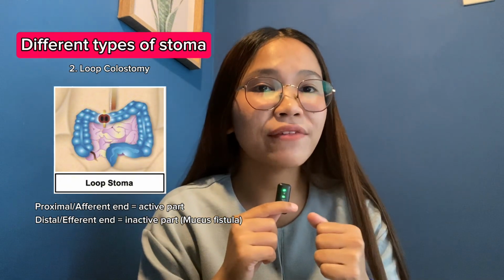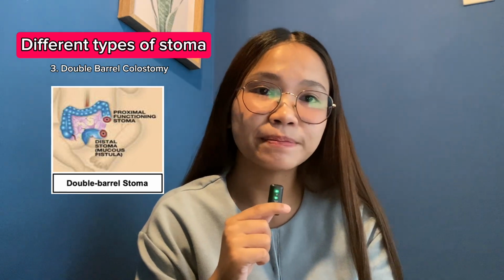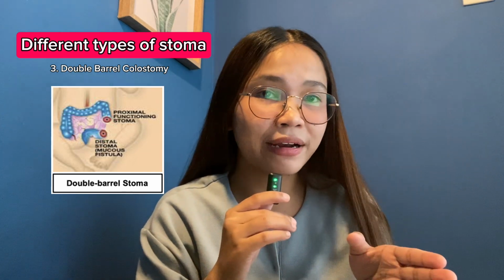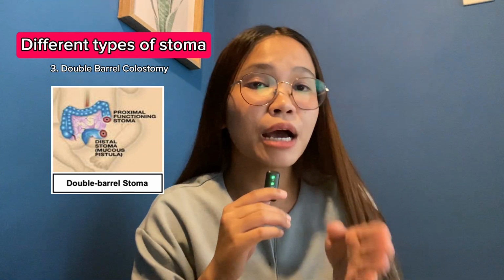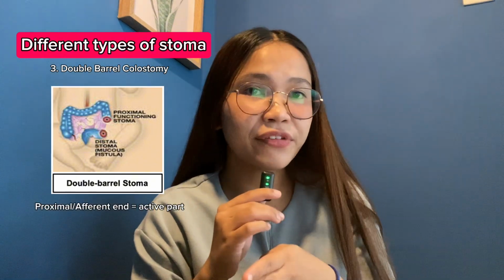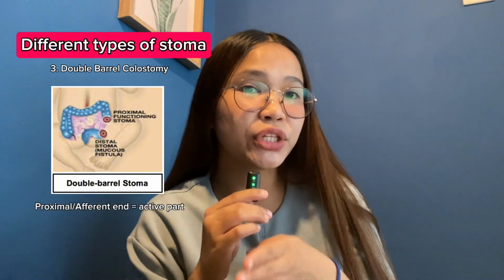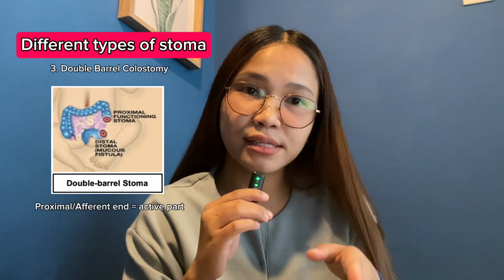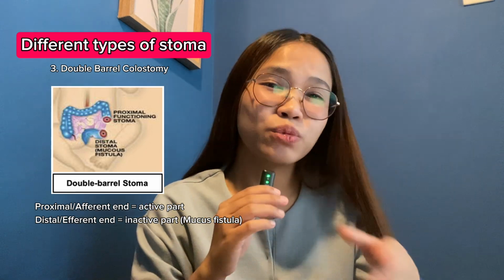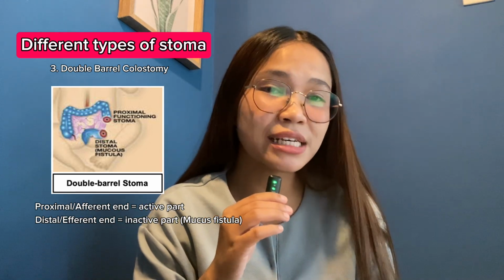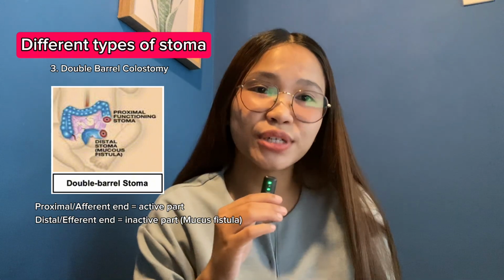And then lastly, you have your double barrel colostomy. This is when the bowel is divided into two parts and you will also see a proximal or afferent end, which is the active part of the intestine, and the distal or the efferent end, which is the one that releases mucus kasi disconnected na siya from the gastrointestinal tract.